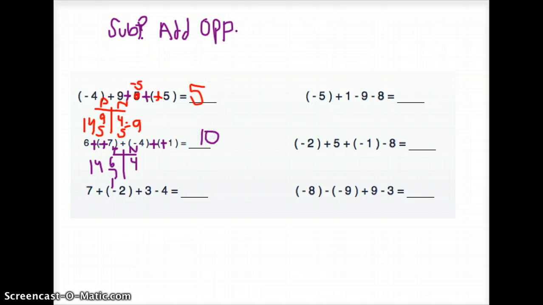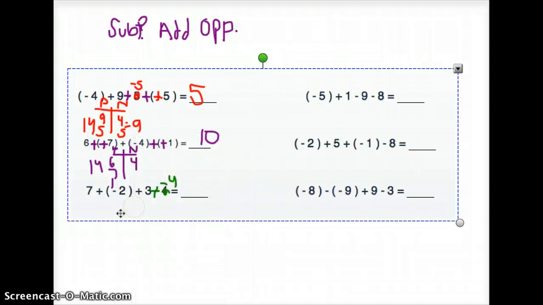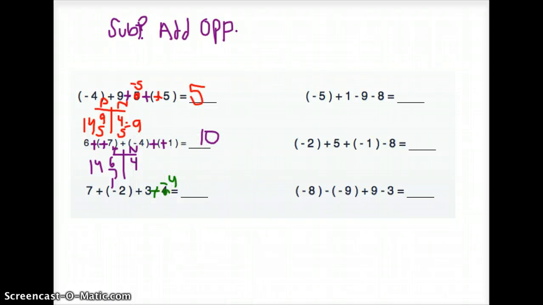Alright, one more. Here we go. Adding, so we don't change anything. Adding, so we don't change anything. Subtraction, so we add. And then the opposite of 4 is negative 4. And I'm just going to rewrite it on top there for space. So negative 4, I'm going to make my scoreboard, positive and negative.